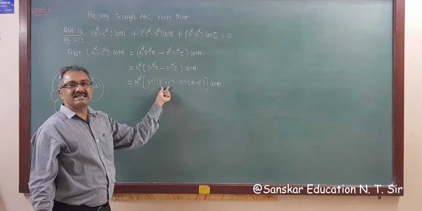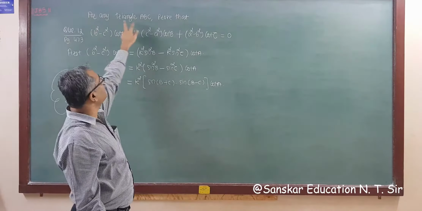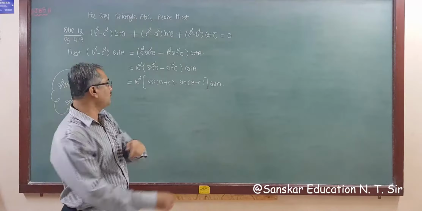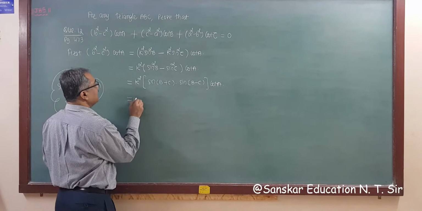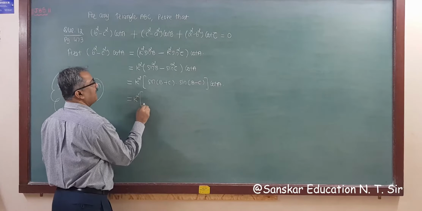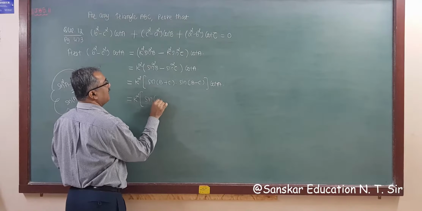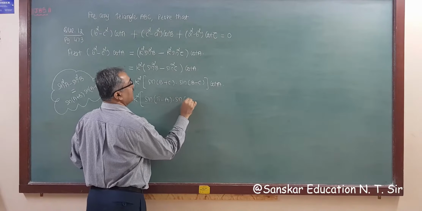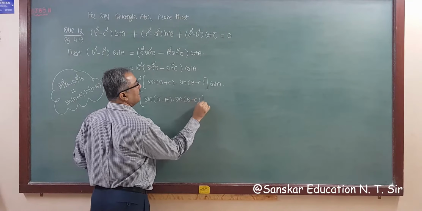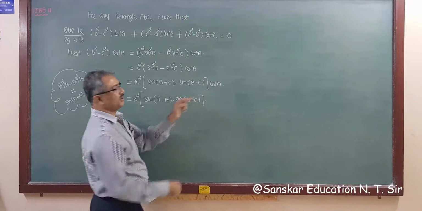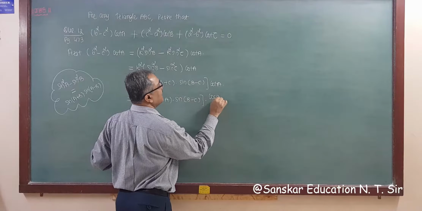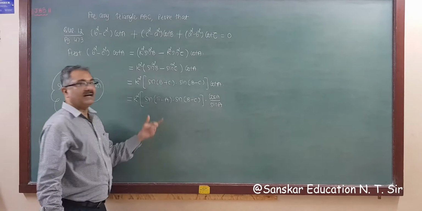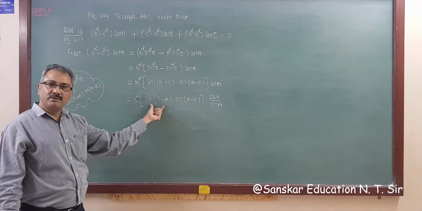Now B plus C is pi minus A, because for triangle ABC, A plus B plus C is equal to pi. So this is k square into sine pi minus A into sine B minus C, and cot means cos A upon sine A. Now sine pi minus theta, you know, right?